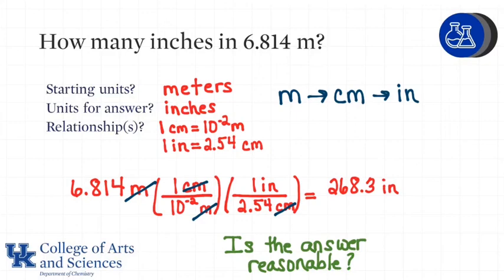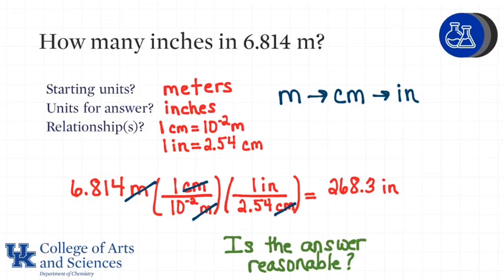Then we want to ask ourselves, is the answer reasonable? A meter is approximately 1 yard or 3 feet, and 3 feet is 36 inches. If I have almost 7 meters, that's about 7 yards. And so I see that I'm going to have a large number because 7 times 36 will be a large number.